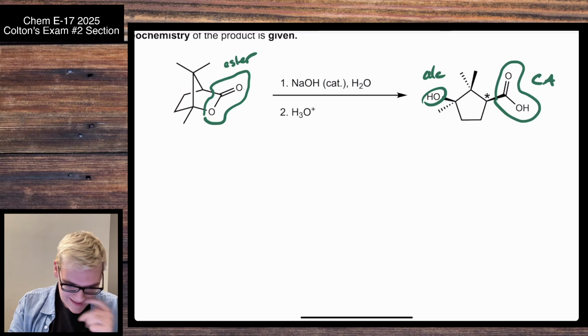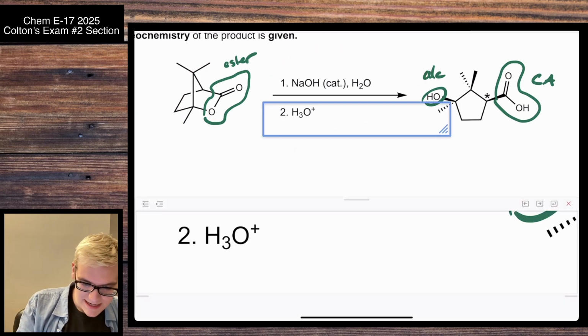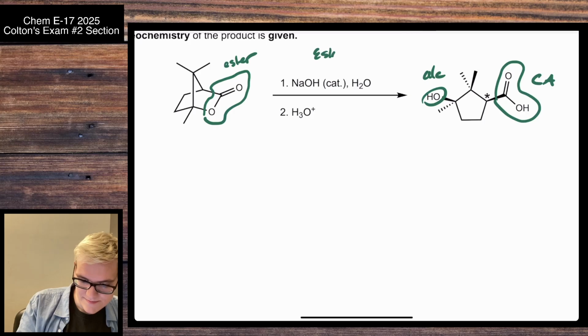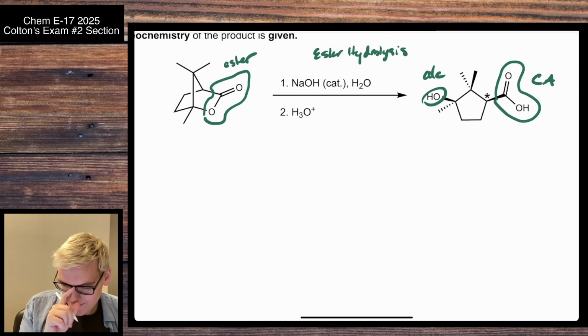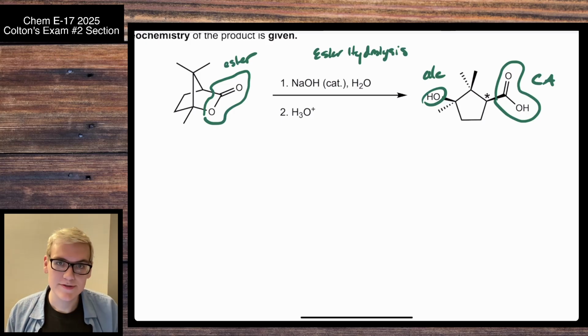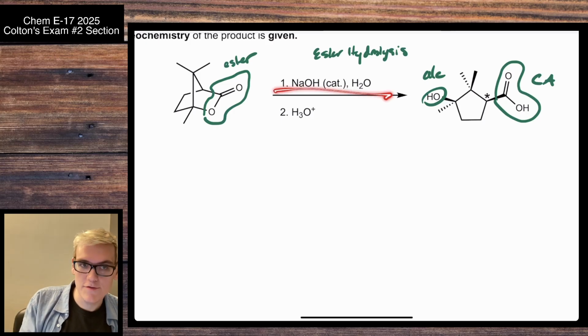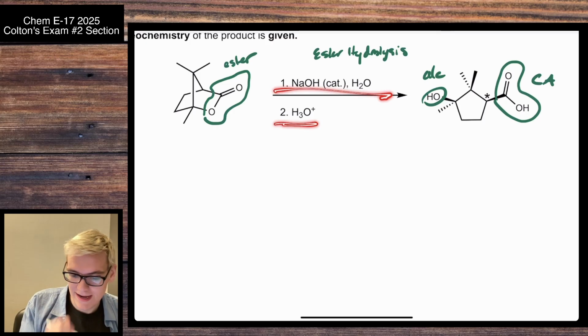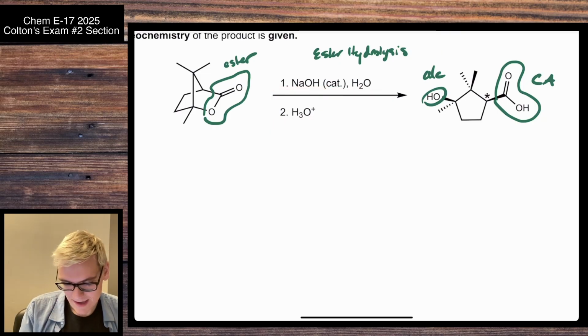So this reaction seems to me to be ester hydrolysis. And remember, we could do this two ways, potentially. We could do it in acid, and it just goes there directly, or we could do it in base, and it forms a carboxylate, and then we do an acid workup.